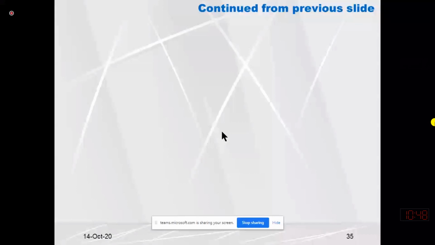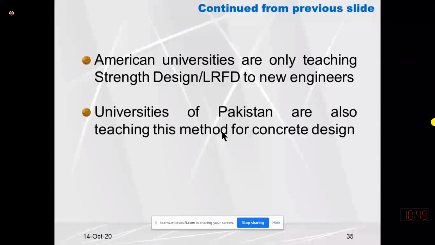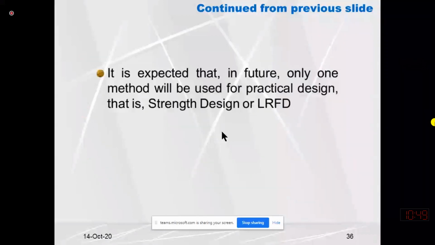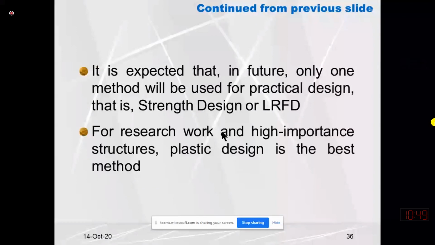Universities of Pakistan are also teaching this method for concrete design. For concrete design, new engineers have almost shifted to LRFD. But for steel design, only some universities of Pakistan have switched to this method. It is expected that in the future only one method will be used for practical design, which is LRFD. And for research work and high-importance structure design, plastic design is the best method.